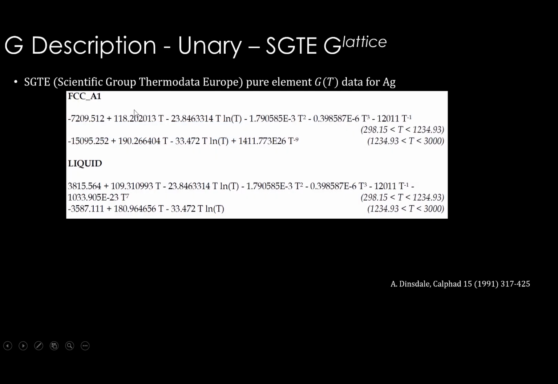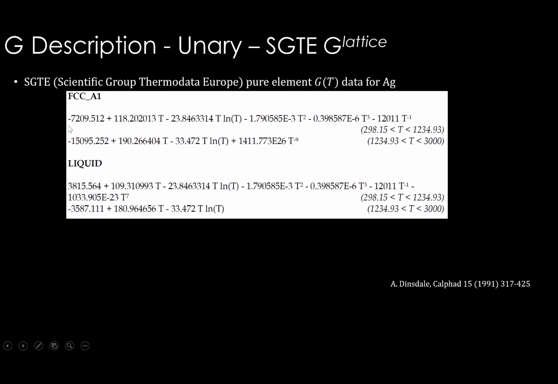So this is the actual expression for silver from the SGTE database. This is a screenshot from the PDF file itself. This is for FCC A1, and I don't think you need to feel intimidated about the complexity of this equation. This is the reason why we have been developing all these ideas one by one. So this is what the Mayer-Kelly polynomial looks like, A plus BT plus CT ln T and so on.